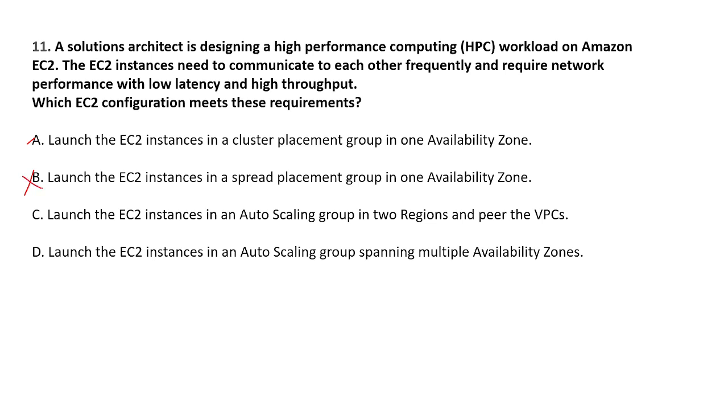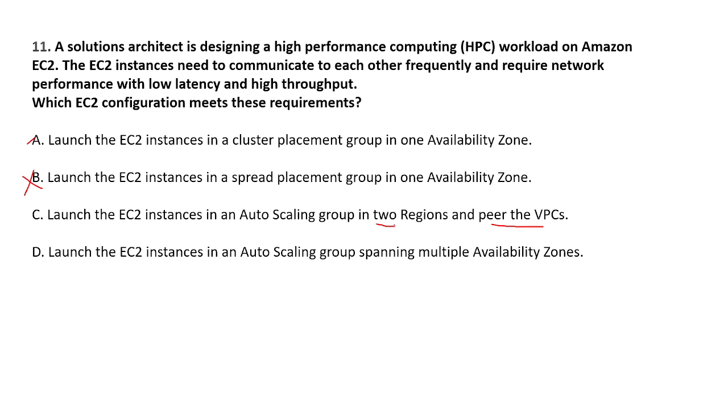Let's keep this outside. Option C, launch EC2 instances in an auto scaling group in 2 availability zones and peer the VPC. Okay, this looks something different, because we know VPC peering is connecting two VPCs, and they are talking about two regions, maybe from different locations, like west to east.